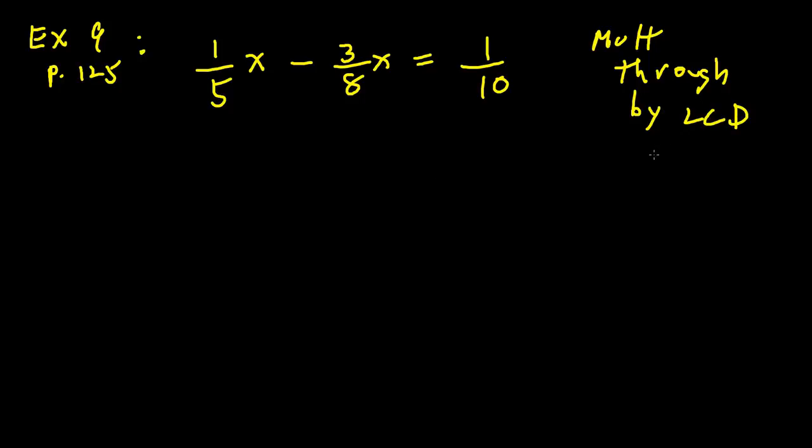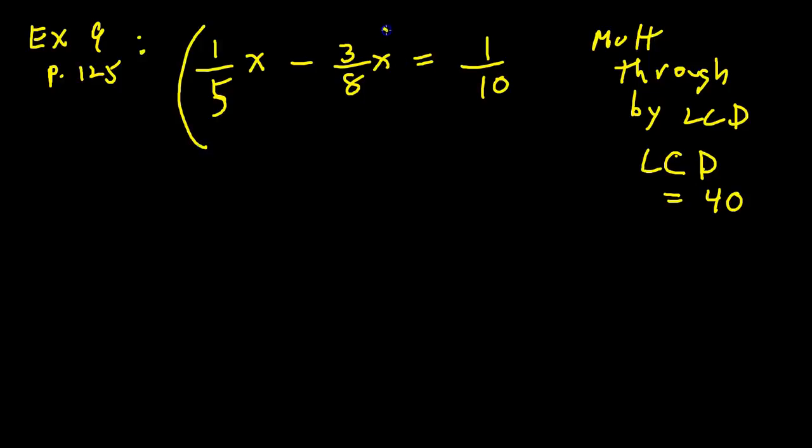Well, what's the LCD of 5 and 8 and 10? Well, I think we can convince ourselves the smallest number that's a multiple of all three is going to be 40. All right, so I'm going to multiply both sides, all terms, by positive 40. All right, so here we go.